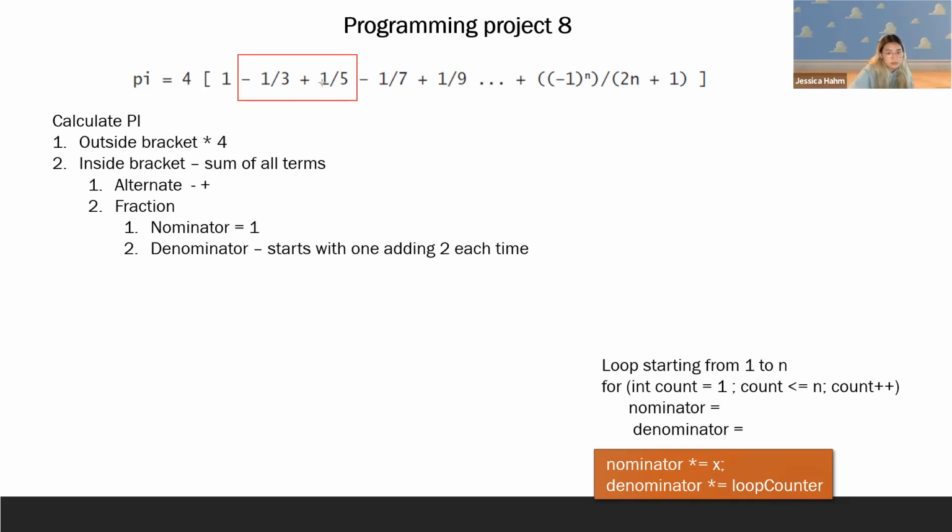So it's going to give me 0. So I have to be sure that one of these is a double. My numerator can potentially be 1.0 instead of 1, to be sure I'm not going to get the 0.